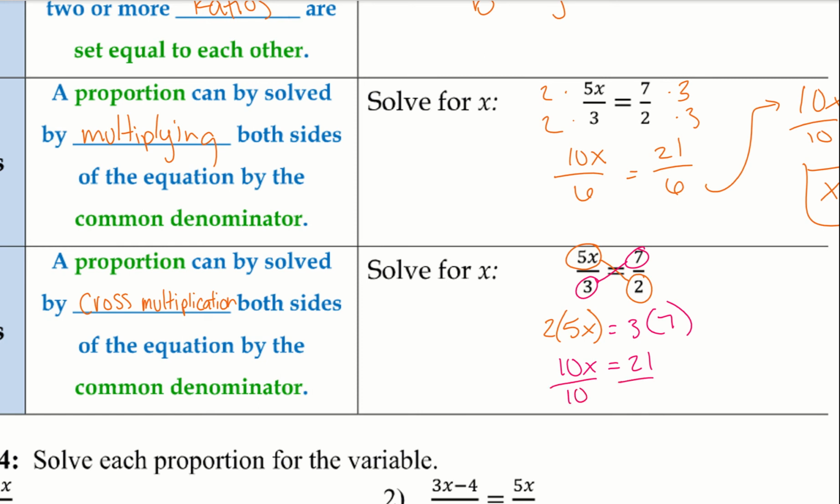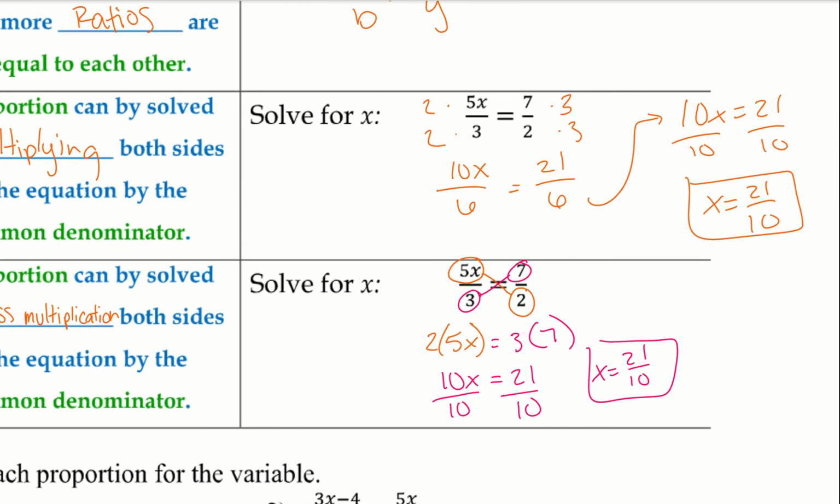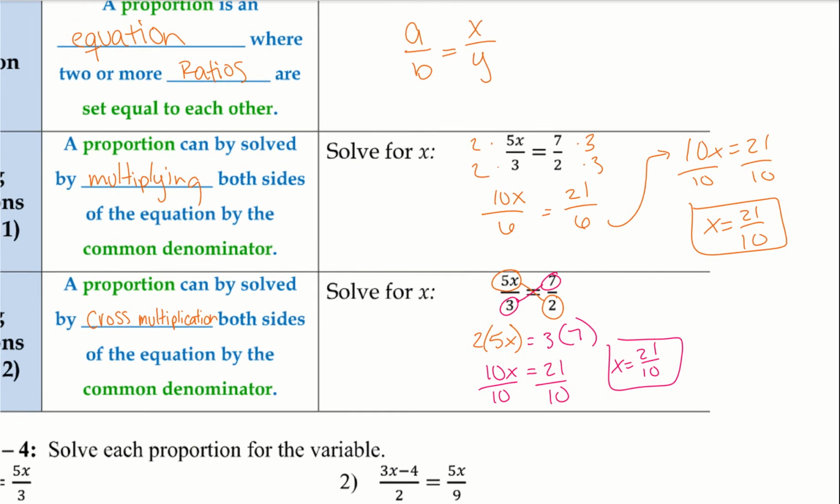So I can go ahead and divide by 10 to get x equals 21 over 10. So the exact same thing that we got in that first example we did, because they are the same, we just did them slightly different. So the first one, you can find a common denominator and then multiply them together, or you can do the cross multiplication and top with the bottom, top with the bottom.